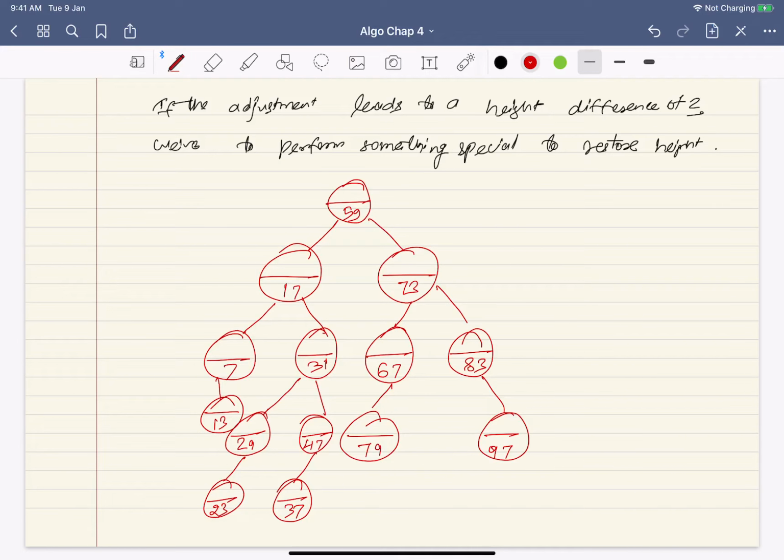Yeah, could not fit it well. Maybe I will just adjust, so 7 and 30. Okay, so this is my tree.